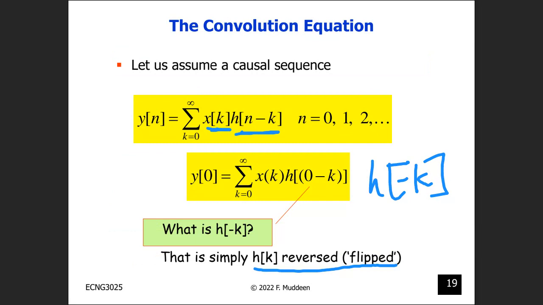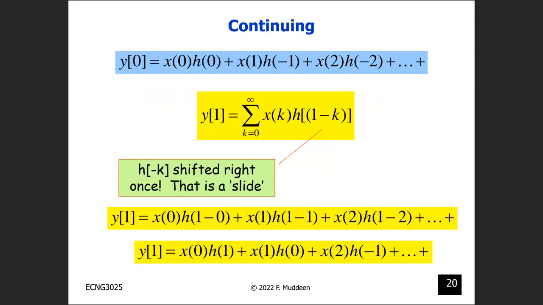What I have here is x[0] h[0], and then when k is 1, I will have x[1] h[minus 1], then x[2] h[minus 2], and so on, right? So this is the expansion when we expand for the value where n is equal to 0, right? Fair enough.